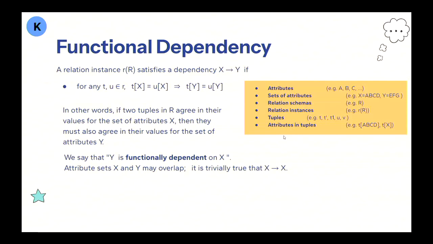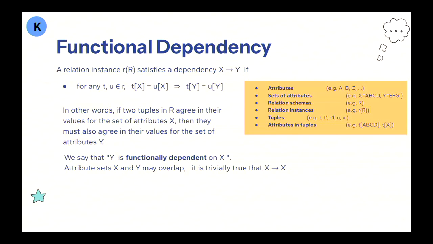It's trivially true that X is functionally dependent on itself. Because if two tuples have the same value of X, then they must have the same value of X, right?